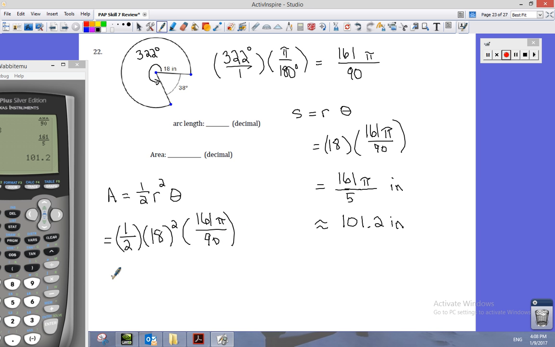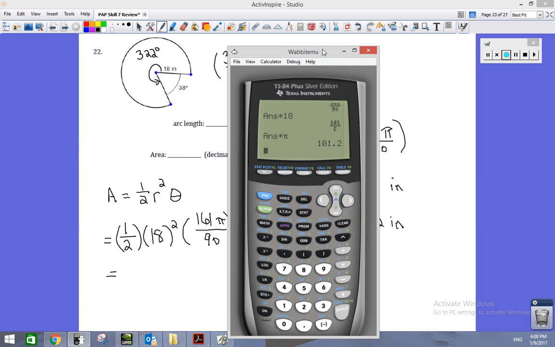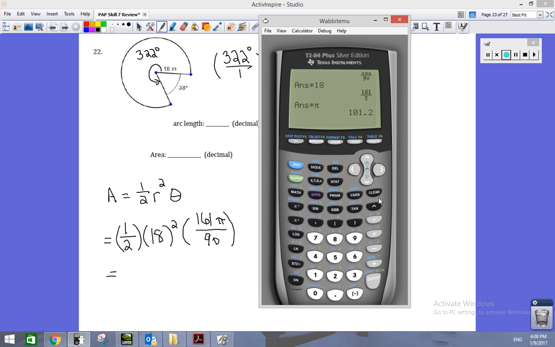So let's get an exact answer. Let's take 18 squared times 161, and let's divide it by, well, 2 times 90 we know is 180.